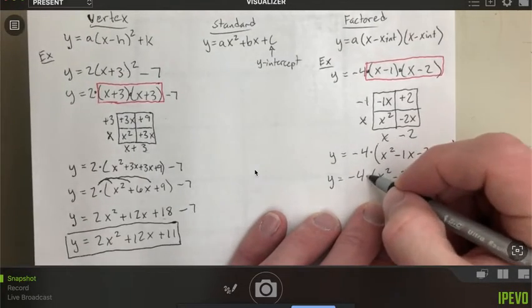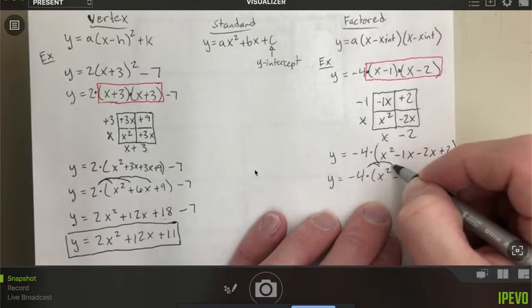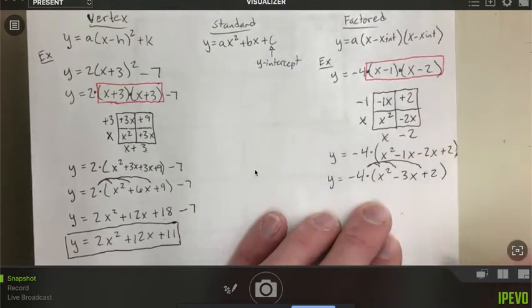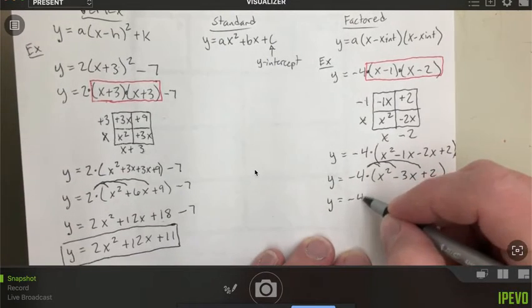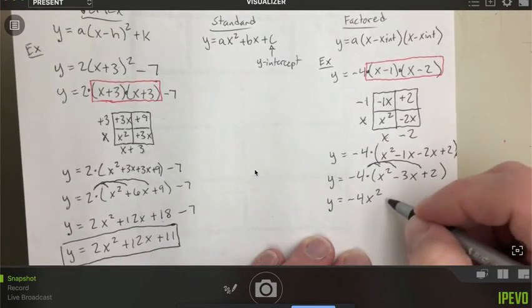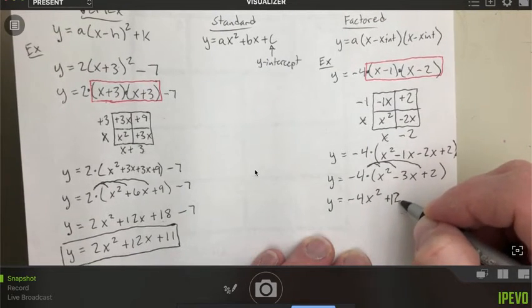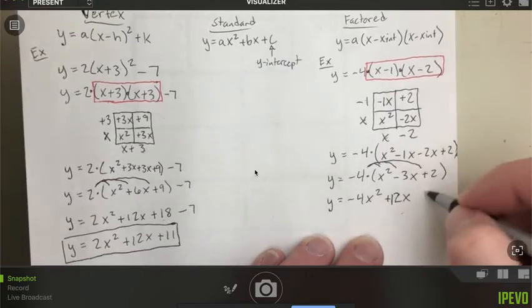So now I can do my negative 4 times, meaning I've got to distribute to everything. And now I have y equals negative 4x to the second plus 12x, and then minus 8.